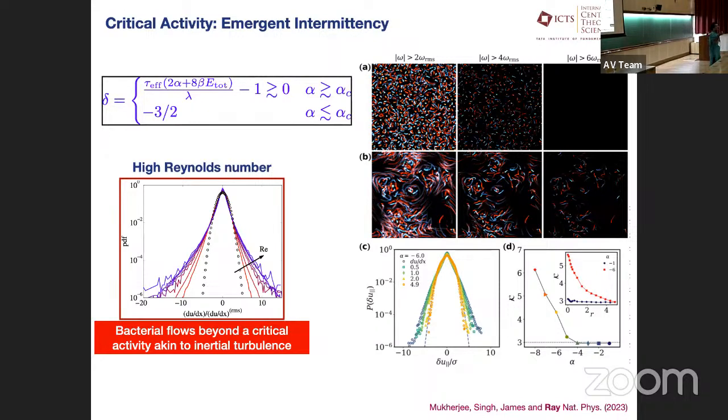So take the ratio of the fourth moment with the square of the second order moment. If things are intermittent, this will go away from 3. And this can be scale dependent, alpha dependent, etc. All right. So again, the bottom line is that the system is certainly intermittent when you push beyond alpha c.